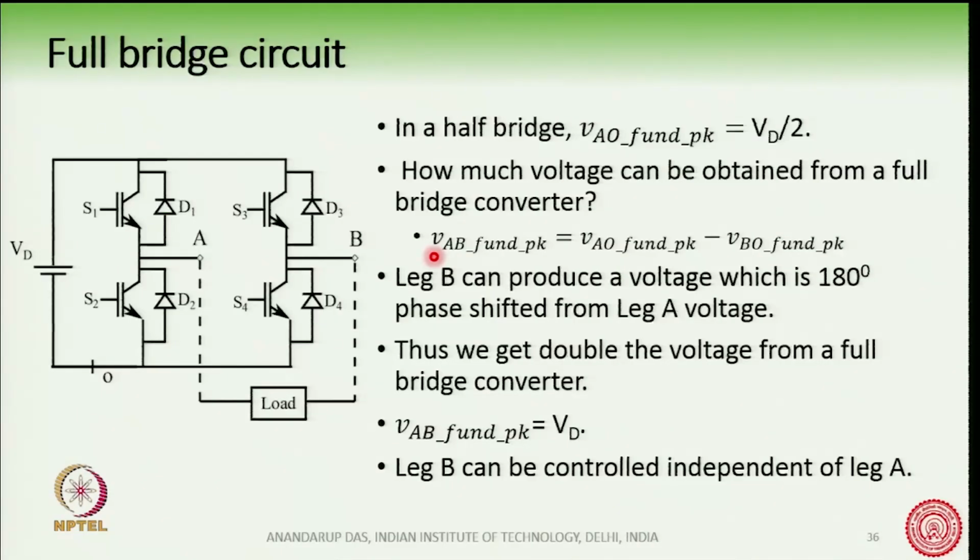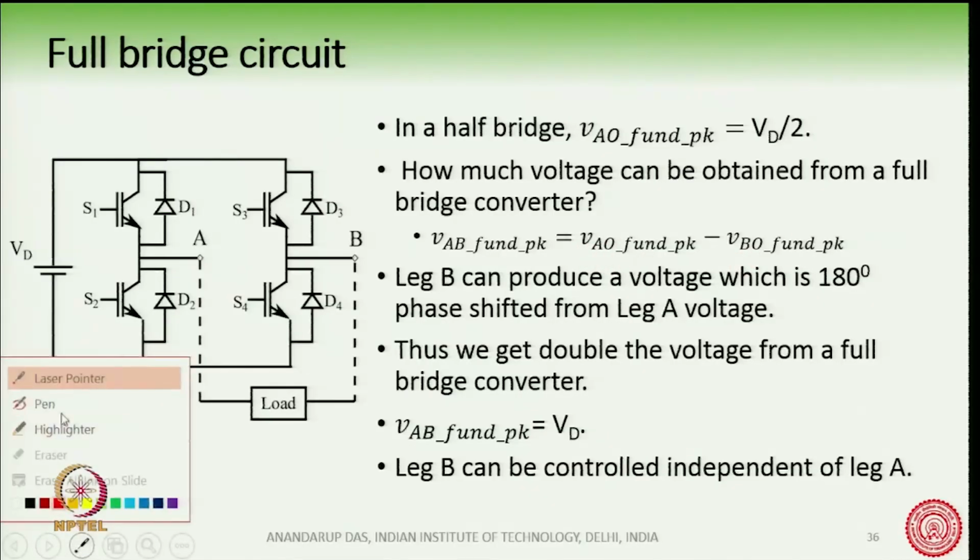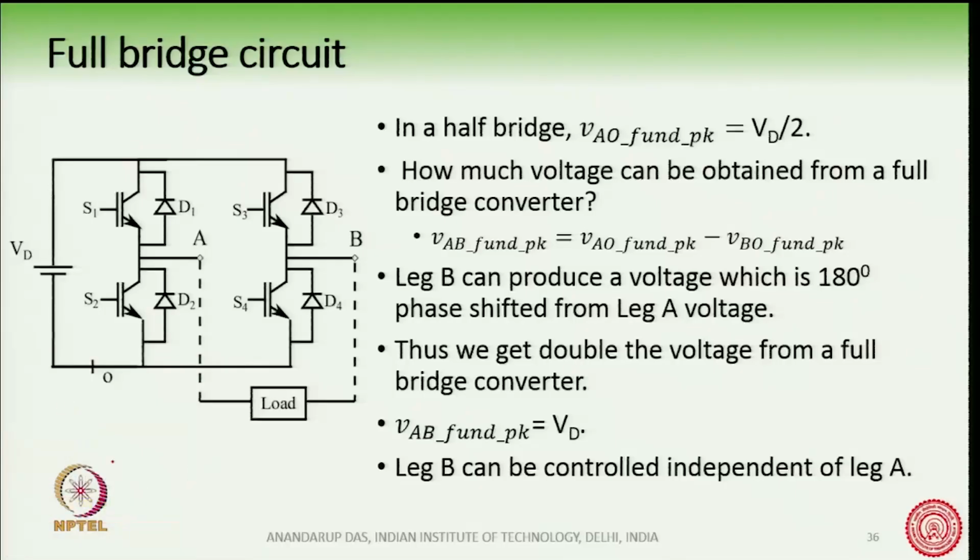Now, this voltage VAB is nothing but VAO minus VBO. So, I can write VAB is equal to VAO minus VBO.